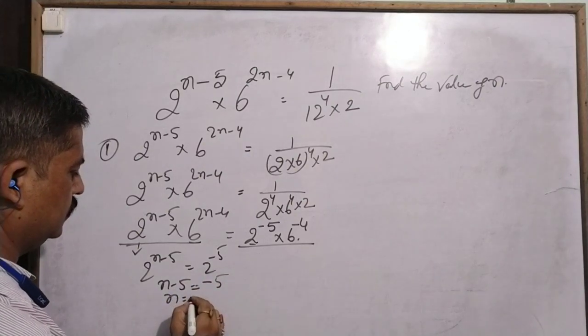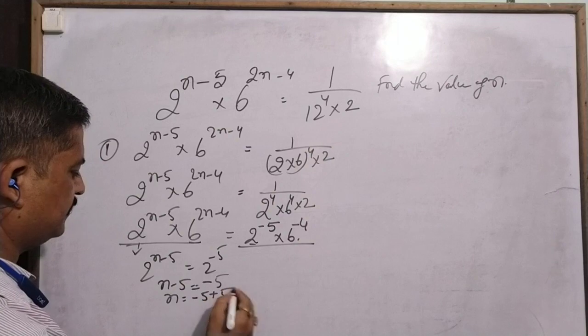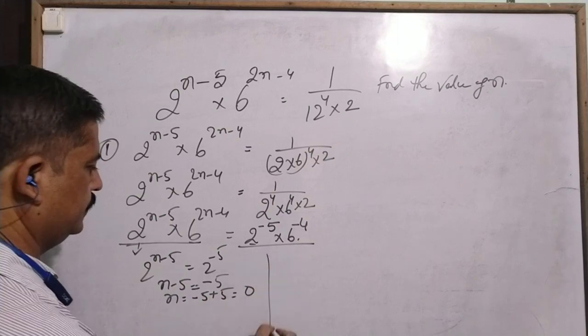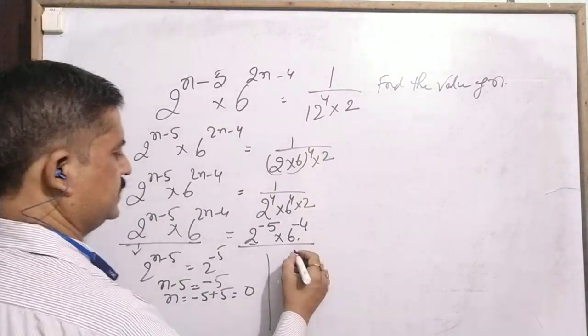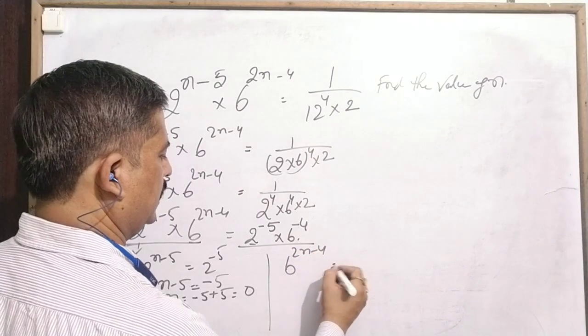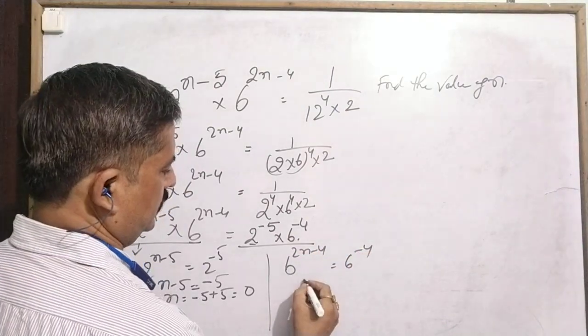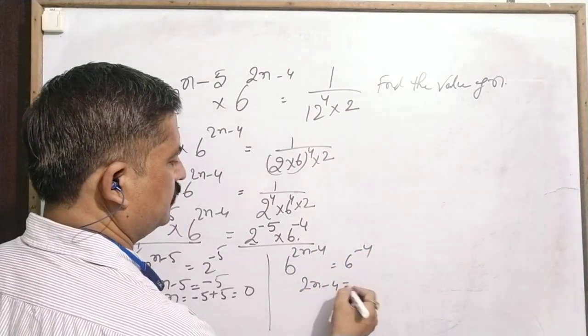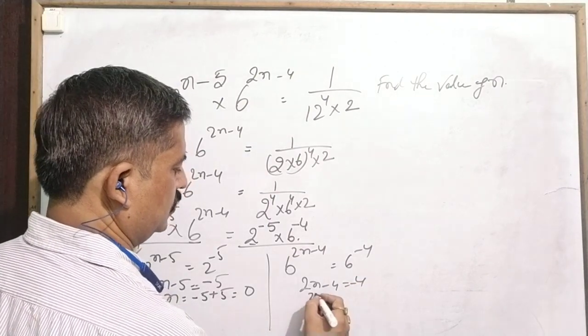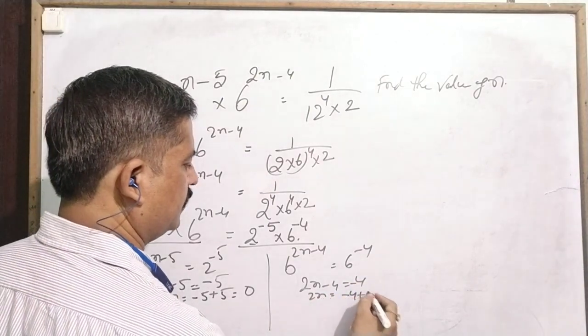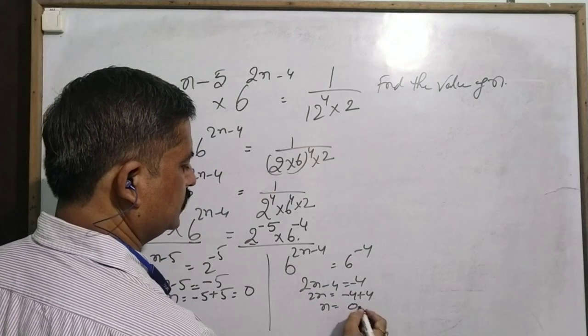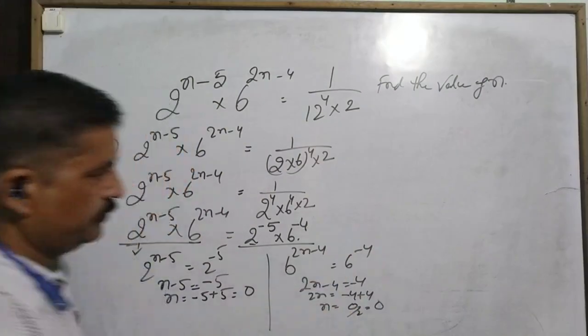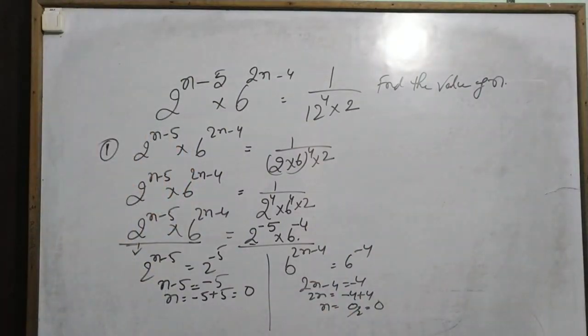So n is equal to minus 5 plus 5, that is 0. Again 6 to the power 2n minus 4 equals 6 to the power minus 4. So 2n minus 4 equals minus 4. So 2n is equal to minus 4 plus 4. So n is equal to 0 by 2, equals 0. Means the value of n equals 0.